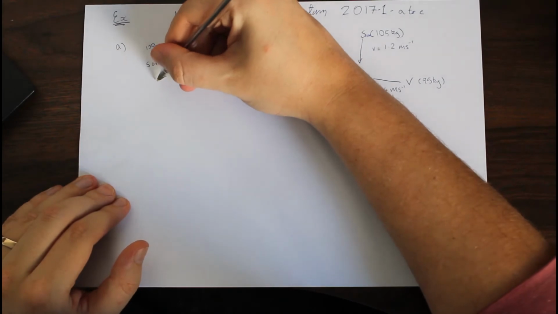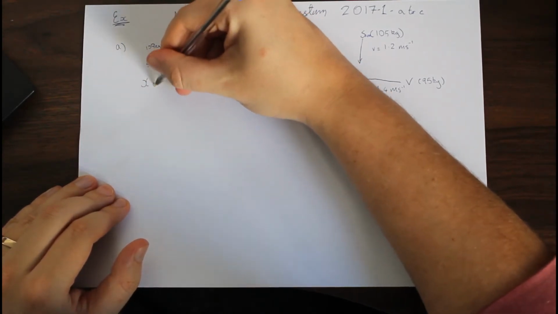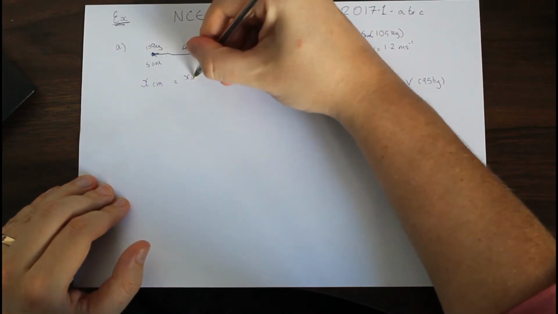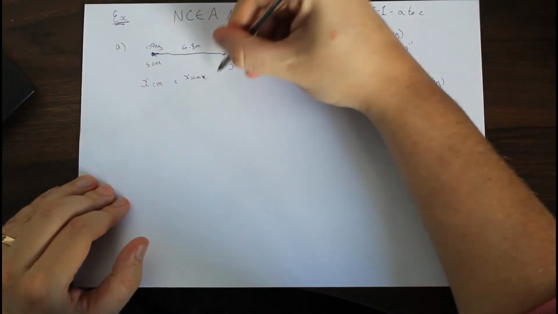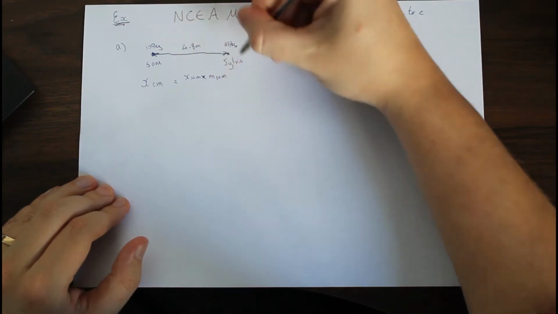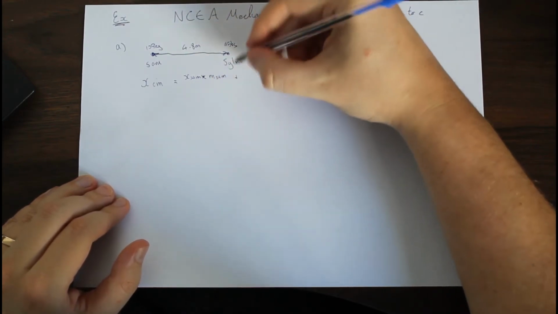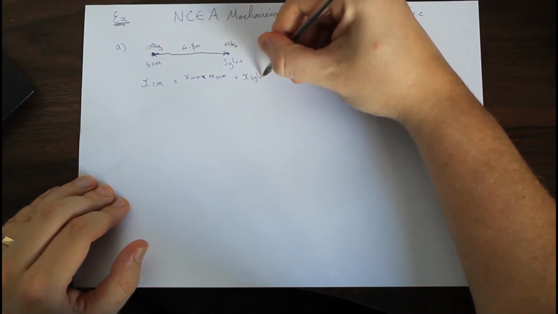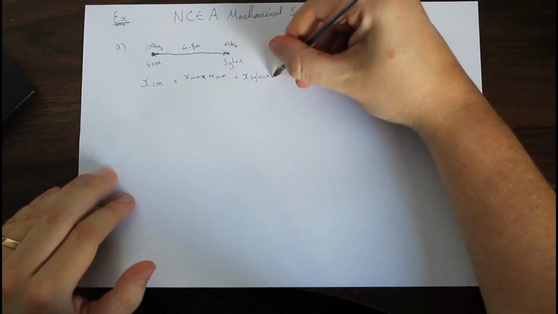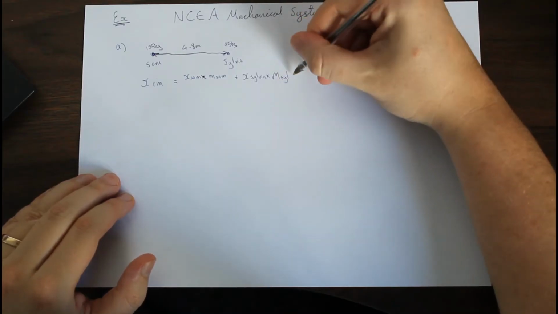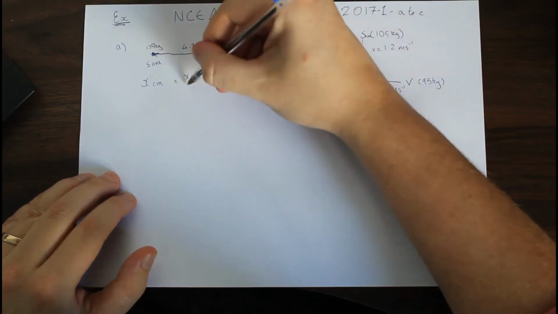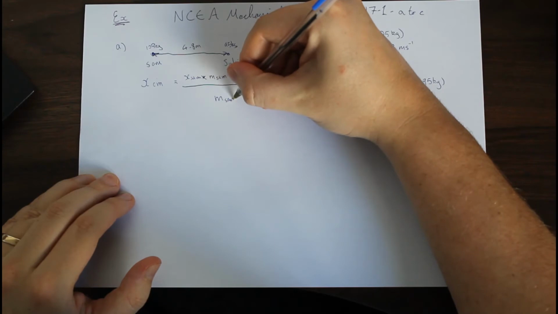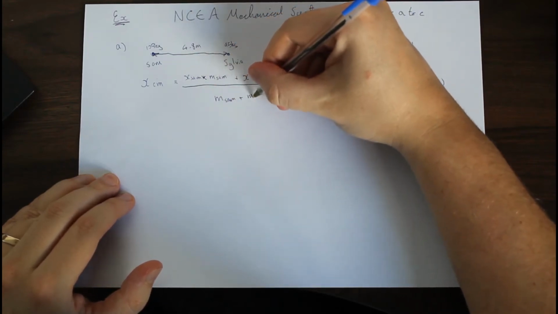We're going to say our distance to our center of mass from our reference point, X CM, is our distance of Sam times our mass of Sam, plus our distance of Sylvia times our mass of Sylvia, over the sum of their two masses, M Sam plus M Sylvia.